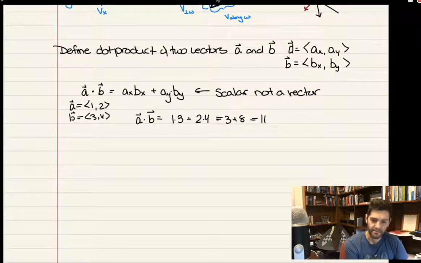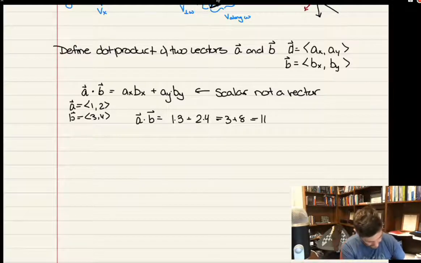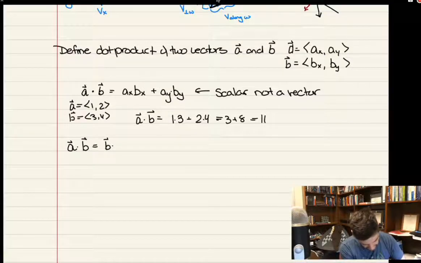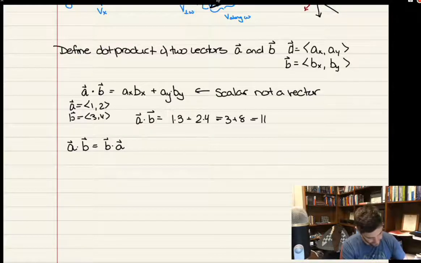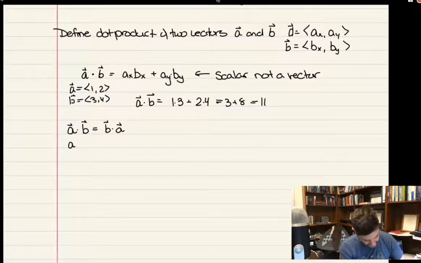And the dot product has a lot of useful properties. The nice thing about the dot product is it kind of looks like multiplication. And the good news is that it obeys a lot of the same properties as multiplication. For example, A dot B is the same as B dot A. The order does not matter, like multiplication. The dot product distributes.